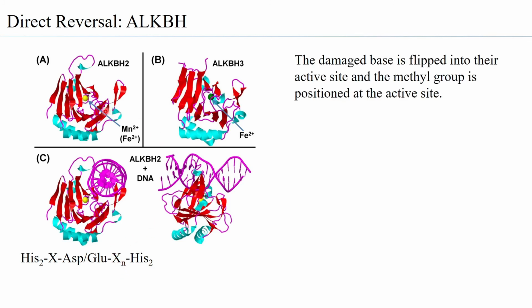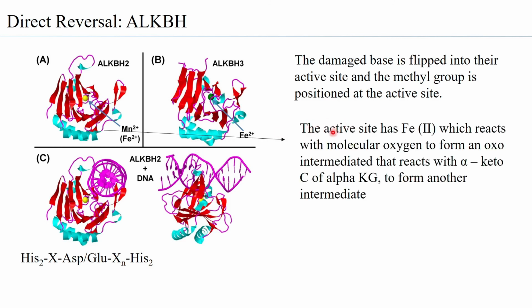The damaged base is flipped out into the active site. In case of ALKBH2, it has been observed that there is a tyrosine residue that can hydrogen bond with the phosphates around the methyl group, thereby positioning the methyl group at the active site. And because it is able to position the methyl group at the active site, it is able to hydroxylate the methyl group.